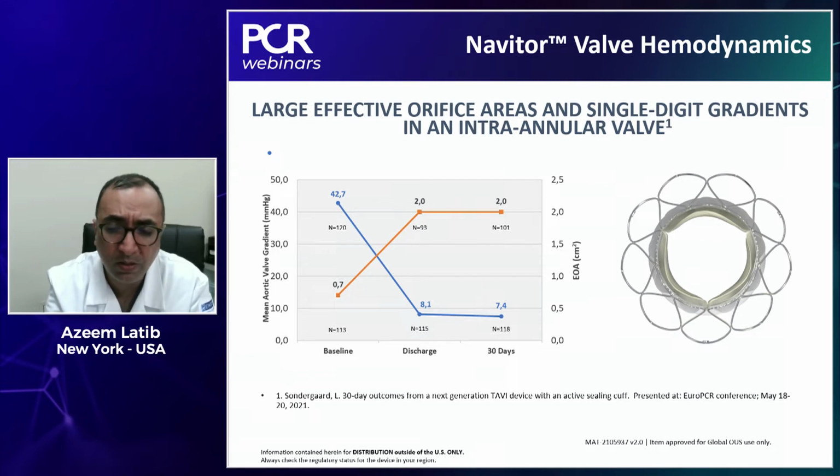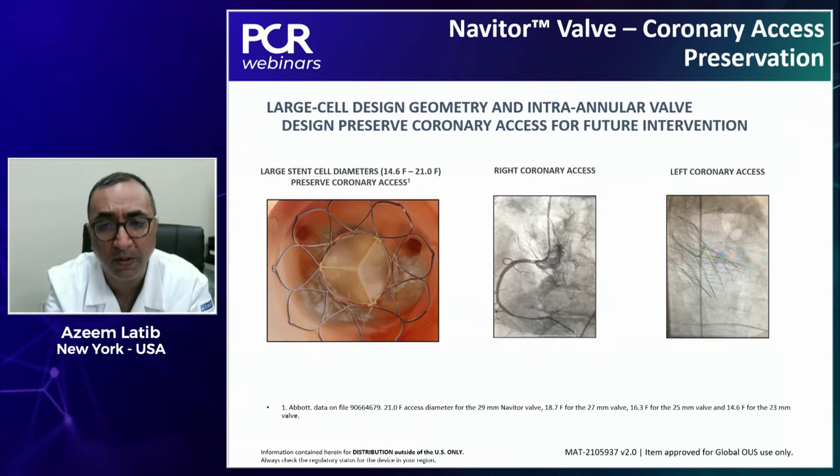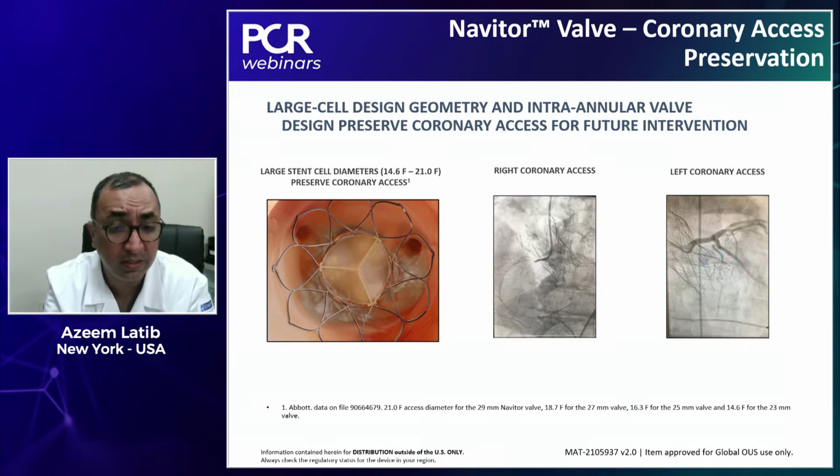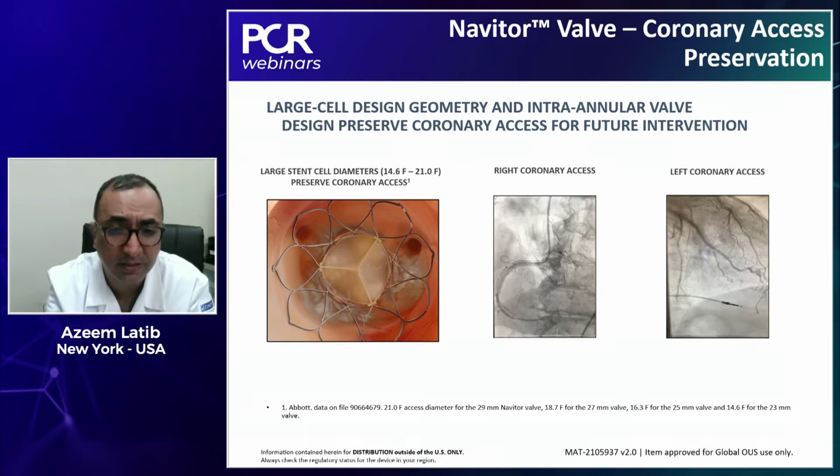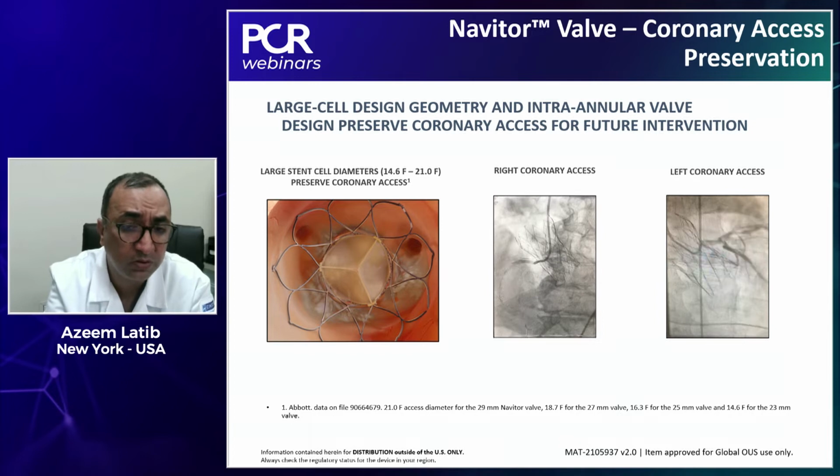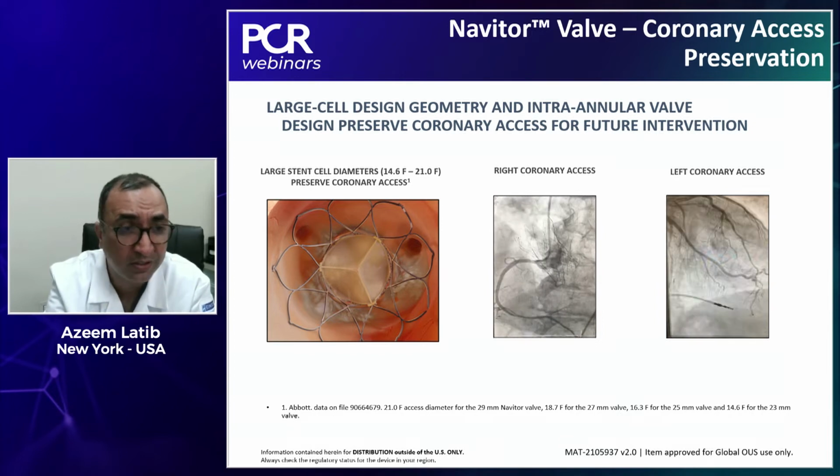But really in all our patients, particularly those with longer life expectancy, this is one of the important parts we care about. The other important part we care about in younger patients and those with longer life expectancy is coronary access. Here what's useful is this large stent cell diameter. If you look at the size of those cells, they can fit 14 French to 21 French catheters.